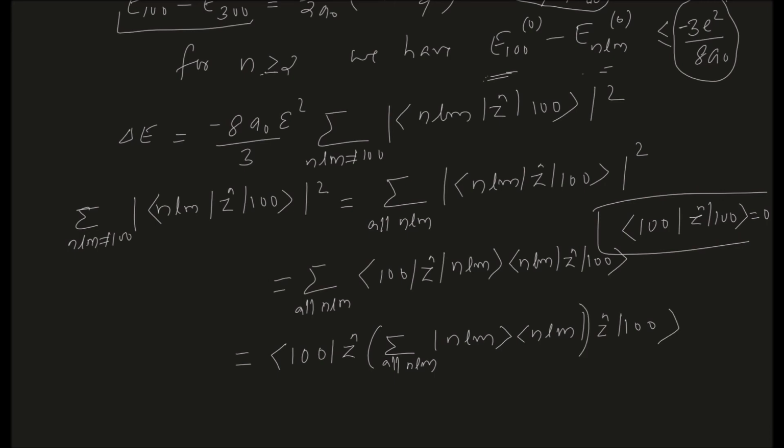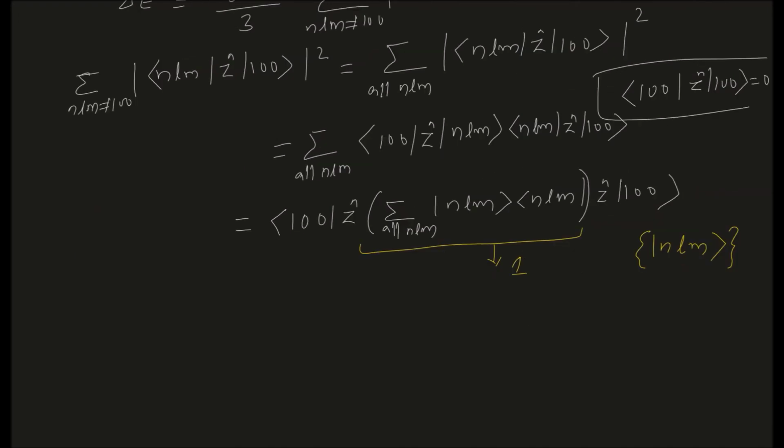Okay, so now you can see that the thing within the bracket is 1, right? Because we know that the NLM states form a complete orthonormal set of bases. So this is basically the identity operator for that NLM basis. So this is simply 1.